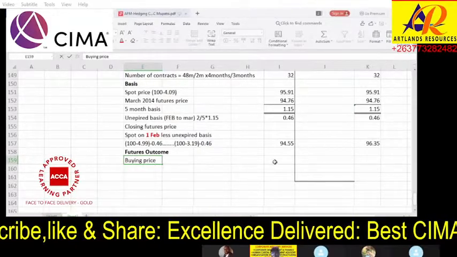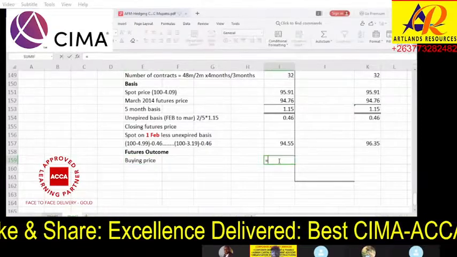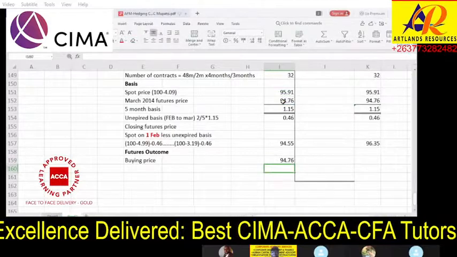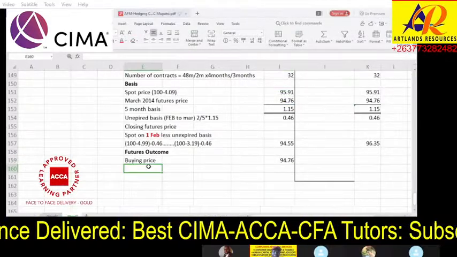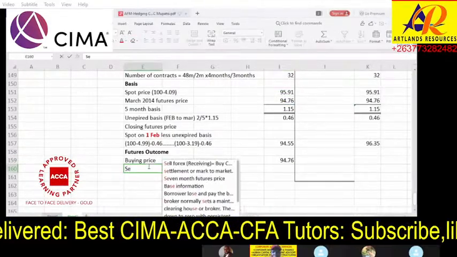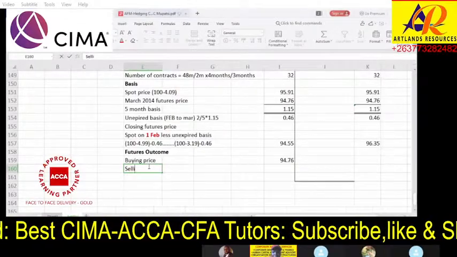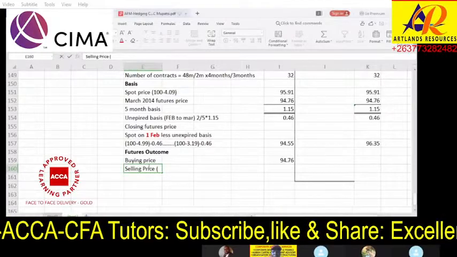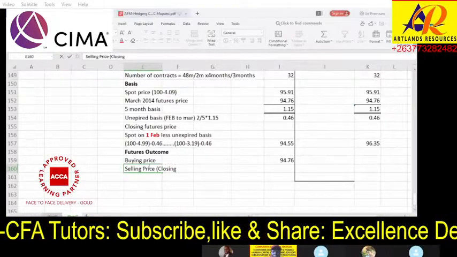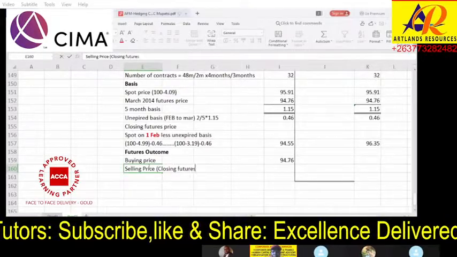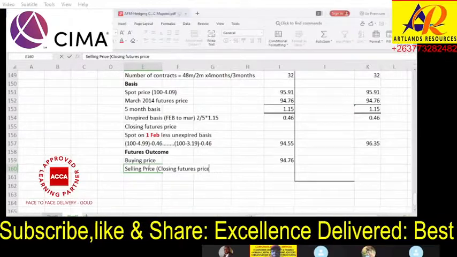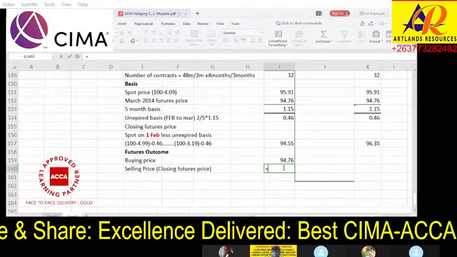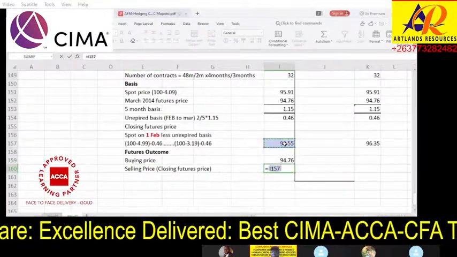You bought futures contracts at their price, which is 94.76. That was the price of futures. You exit by selling. Selling price. So this is closing futures price. That's your selling price. You exit the market by selling. So you exit with this price.